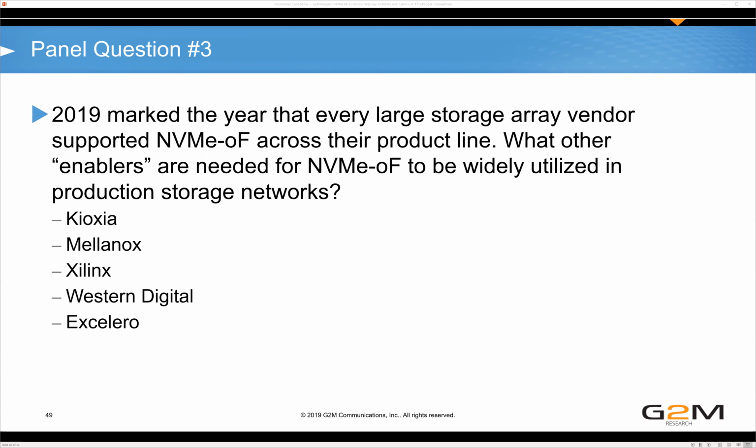Software that supports it across multiple different ecosystems would accelerate it even faster. But I agree that because it's native on the drives and it fits nicely into the network at very low latency and high bandwidth, it's going to really take off fast.